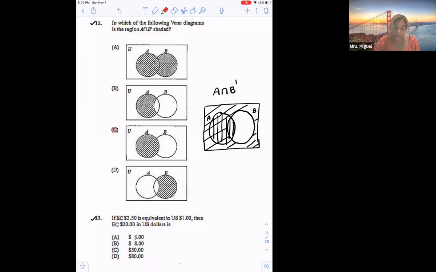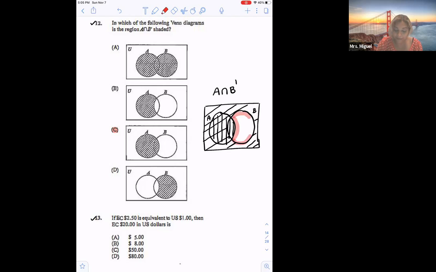So the first thing you shade is B complement. B complement means you shade everything in the Venn diagram besides the circle containing B. Then you go ahead and you shade A. And what remains is the whole Venn diagram, but this little piece here.